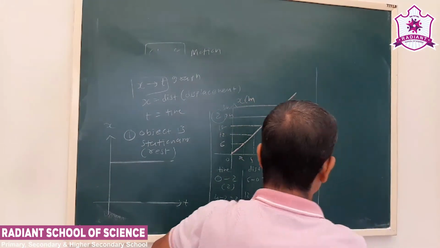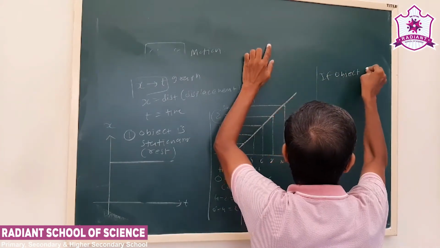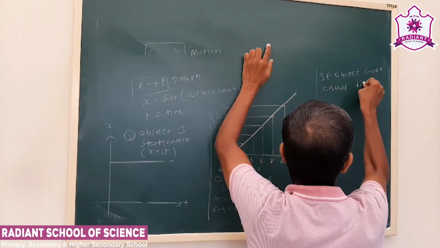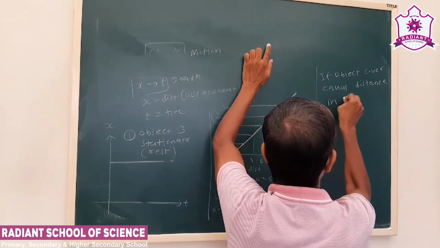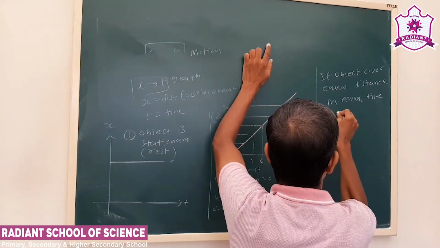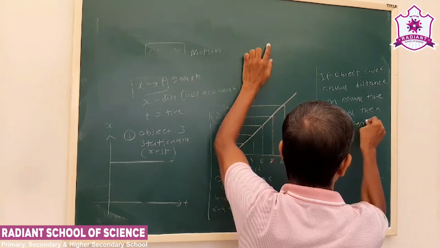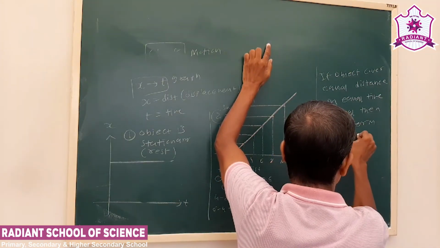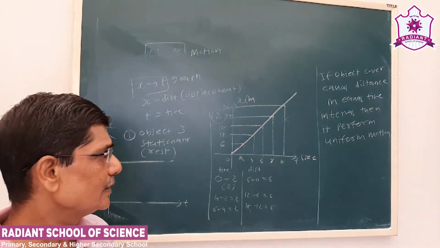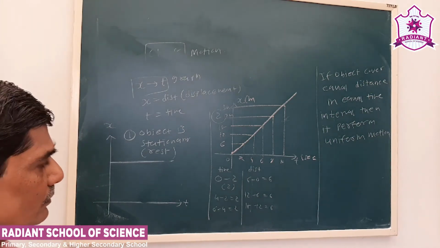That is uniform motion. So if the object covers equal distance in equal time interval, then we can say it performs uniform motion.